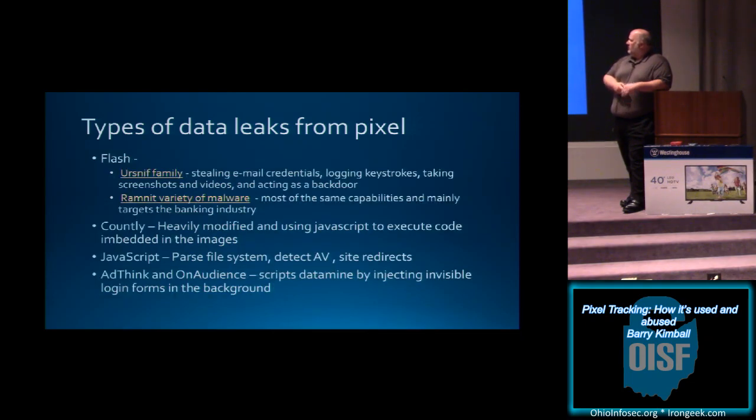Some of the other kind of weird attacks over the last few years: there were a couple of attacks through Flash utilizing UNIF and Ramit, which were different styles of attack. One was a backdoor that allowed them to view your screen. The other was targeting the bank.